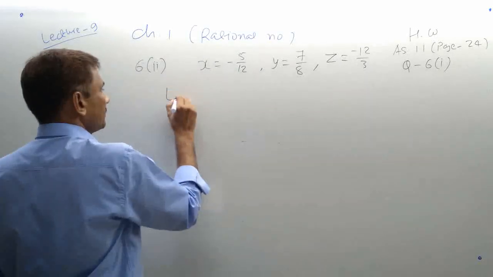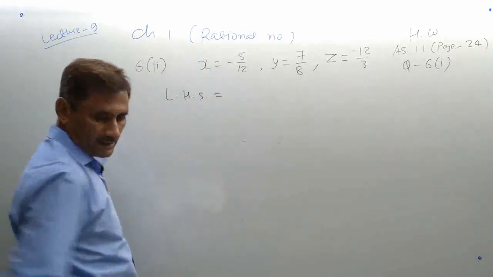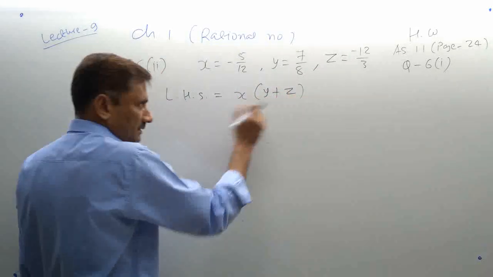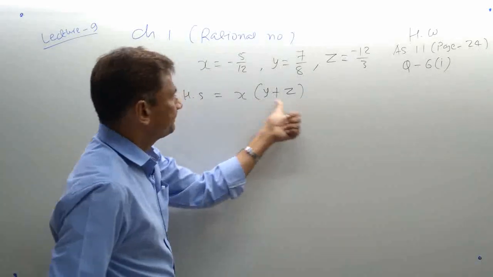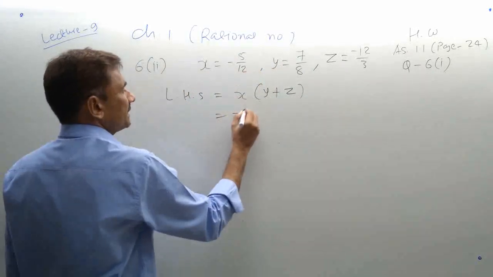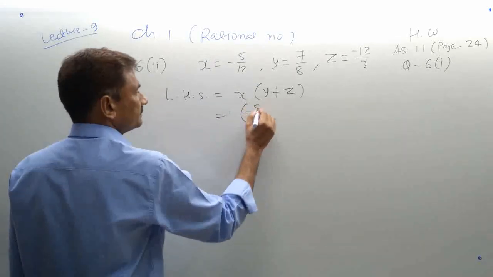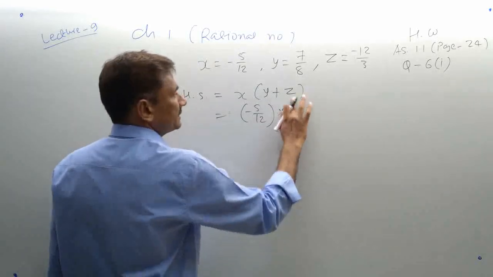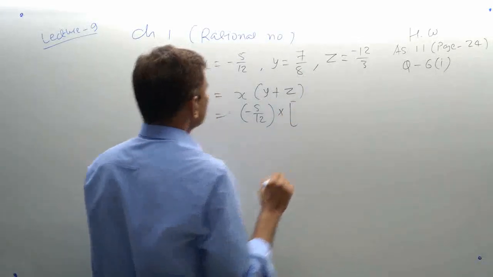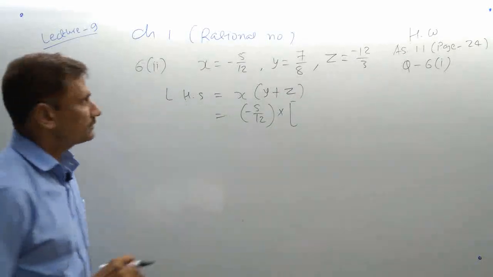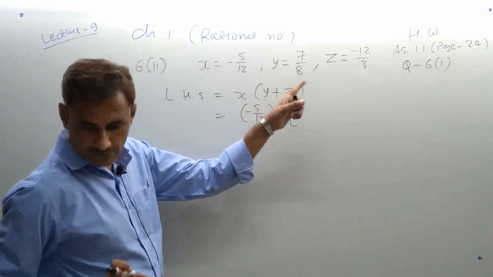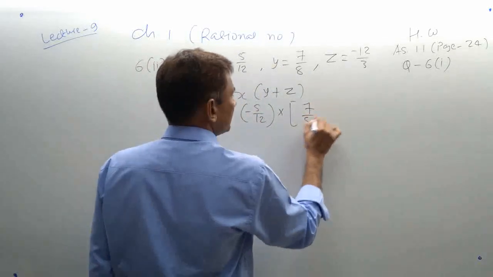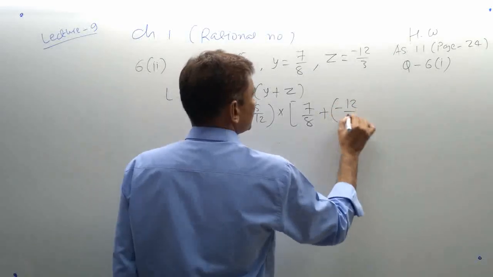Now write down the left hand side, whatever is given there: x multiply (y plus z), just like the example we solved recently. So x is minus 5 by 12, nothing is there, which means multiply, then y is 7 by 8, and plus z, minus 12 by 3.